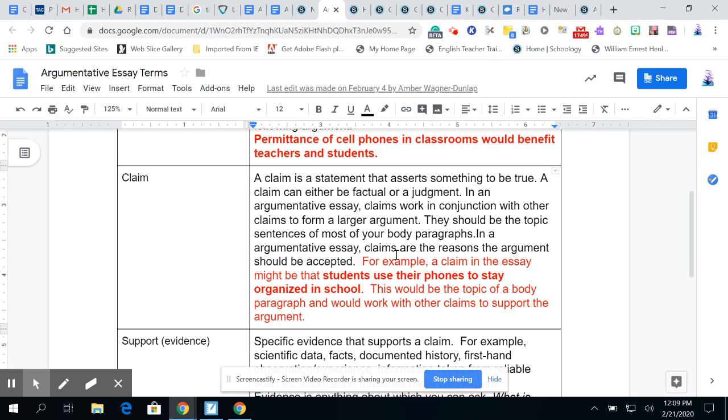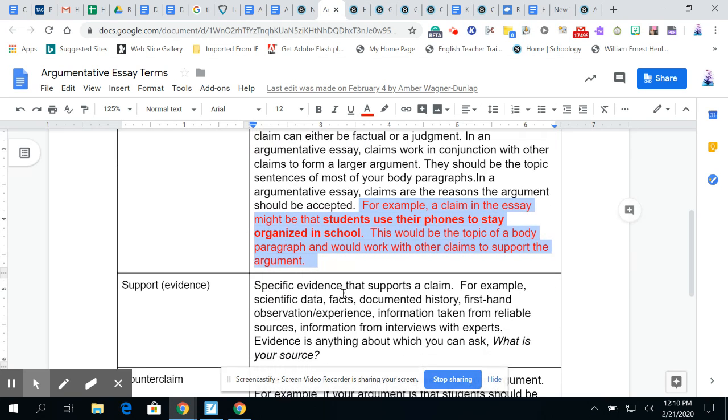So for instance, if I'm still doing that same argument that cell phones should be allowed in classrooms because they're beneficial, this might be my first claim. For example, a claim in the essay might be that students use their phones to stay organized in school. This would be the topic of a body paragraph and would work with the other claims to support the argument.